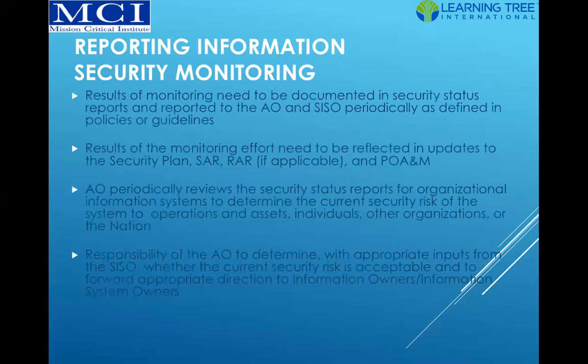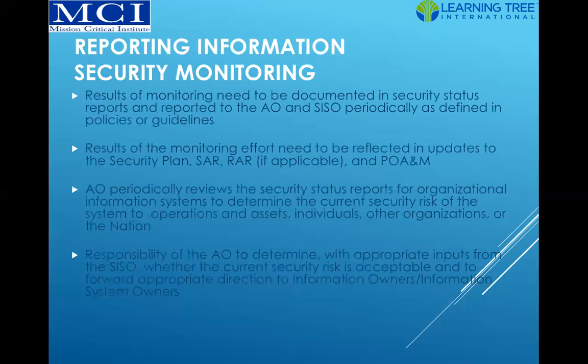Results of the monitoring effort need to be reflected in updates to the system security plan, the system assessment report, and the risk assessment report, if applicable. There's going to be a SAR and there's going to be a RAR, but changes might not have to be made in it. And the POA&M.